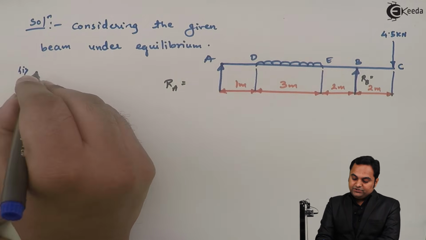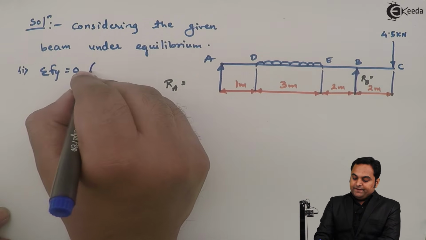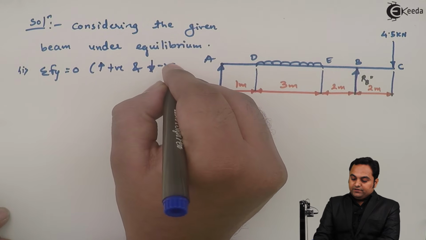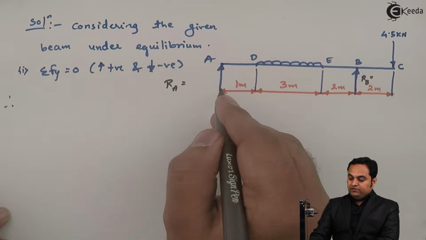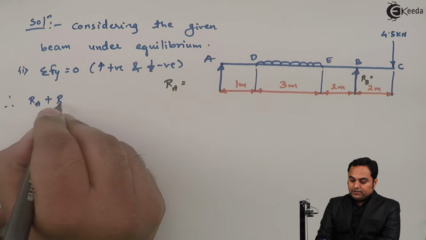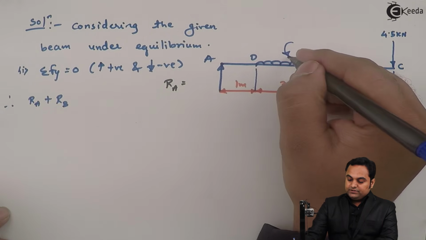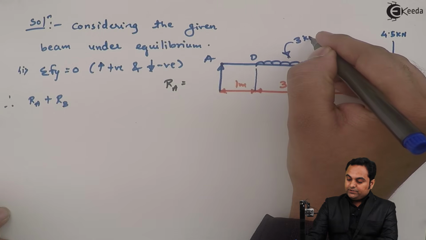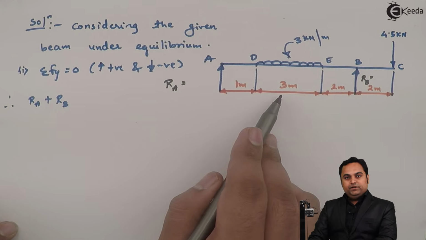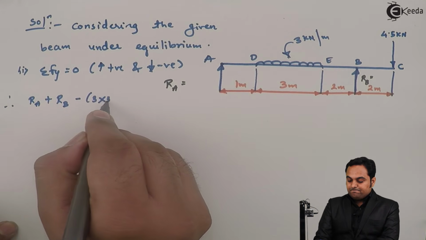and using the first condition of equilibrium, that is summation of Fy is equal to 0, where upward forces are positive and downward forces are negative. So we have RA and RB both upward, so positive, RA plus RB. Then this UDL value is given as 3 kilonewton per meter. So if I convert this into point load, it will be 3 into 3 acting downwards, so minus 3 into 3.